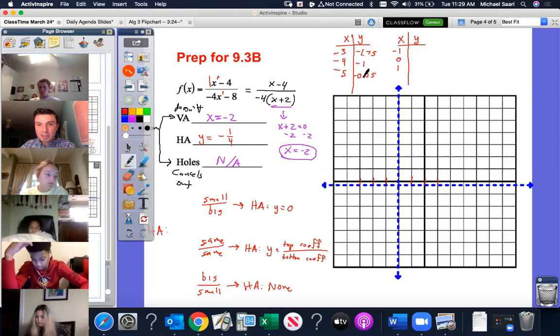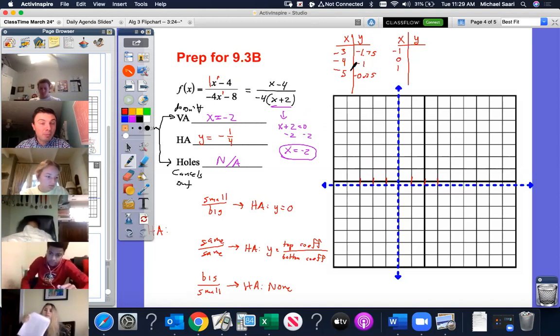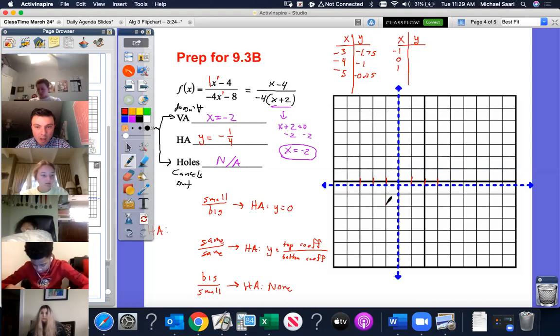So watch the podcast for how to put that in the actual calculator. So you have those points now, we're going to plot them. Notice how I'm at negative 3, then negative 1.75 is almost a negative 2, but not quite. So it would be about right there.